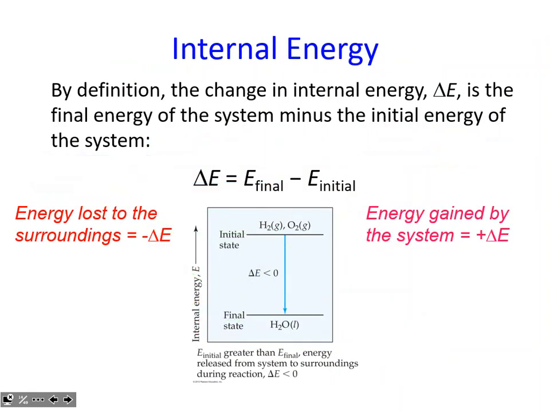Internal energy is one of these state functions, and it has this equation with the delta E. Does everybody know what the delta in front means? Change of, right? You're going to see lots of deltas in the equations on the formula sheets throughout the year. That always means change of. And if we're doing a state function, it's always going to be the difference between the initial and the final states. So the final state minus the initial state gives us the change in the state.